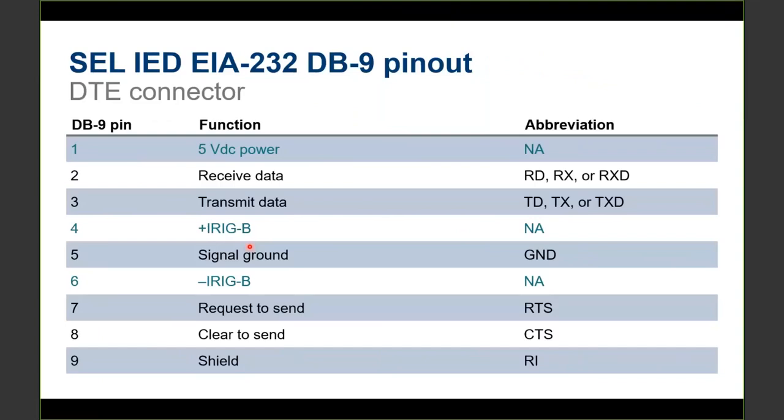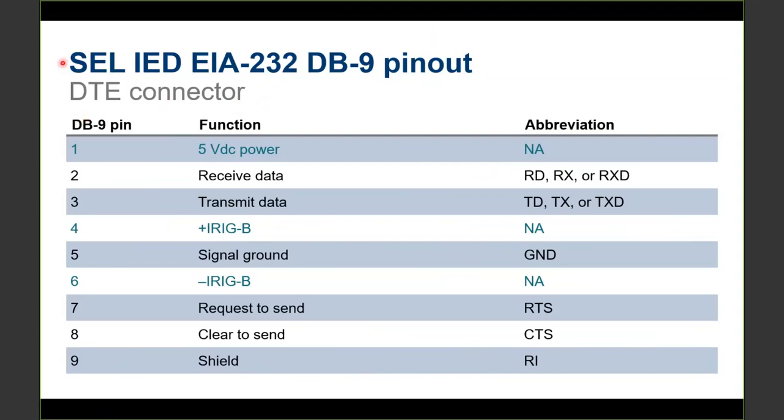Okay. So now let's talk about the SEL specific functions for the individual pins on a DB9 connector. So again, we're talking as a DTE connector, and really, I was thinking about this presentation, the only place I can think of DCE communications would be on devices like modems, radios, and maybe communication equipment, like the Icon.